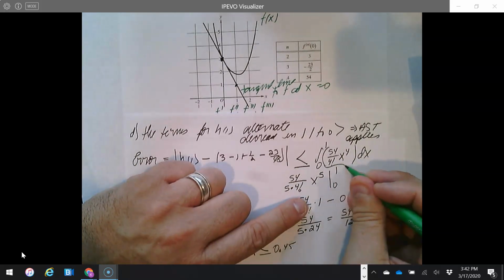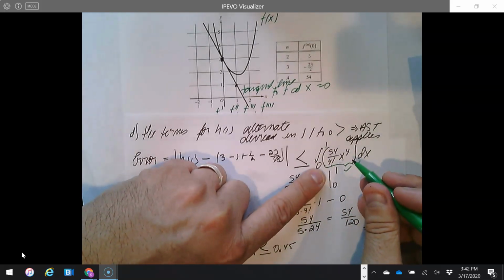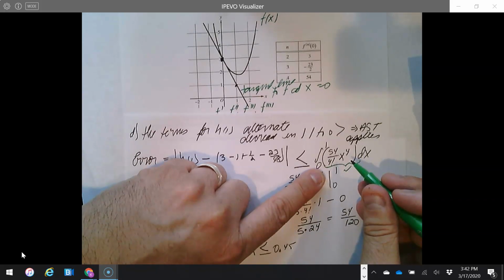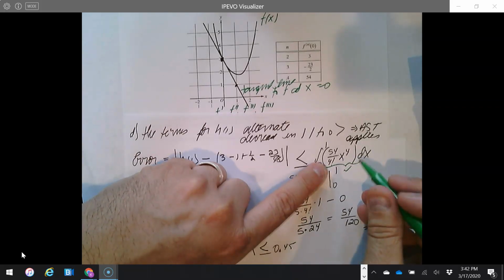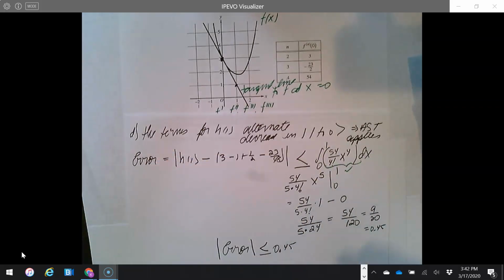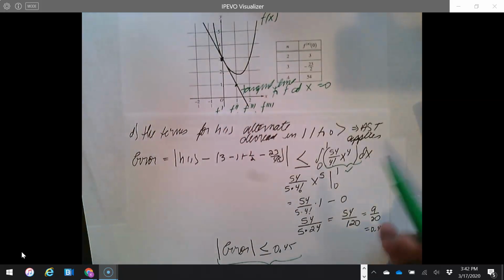College Board awarded 1 point for using the degree 4 term. Then they said, for use of the first omitted term of the series of h of 1. Yeah. And then for the error bound. That's your third one. Let me look at that one more time. First point is uses the fourth degree term of the Maclaurin series for f.